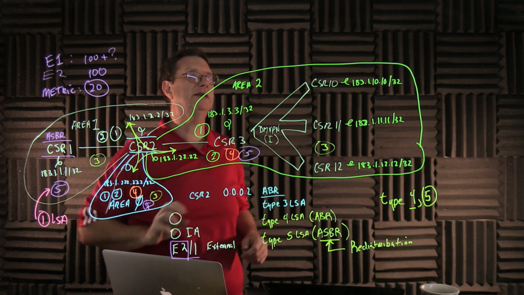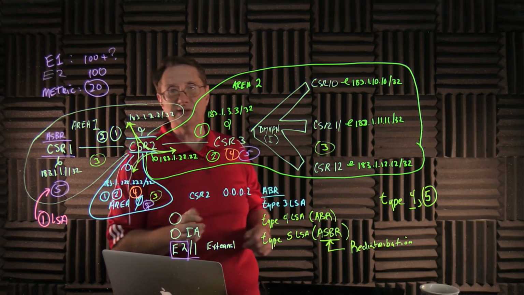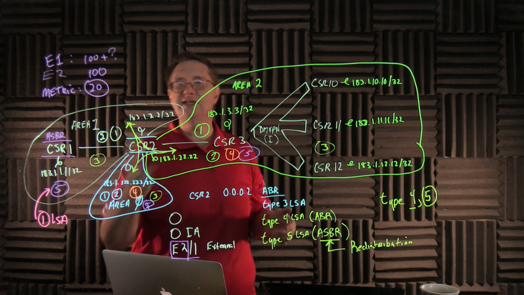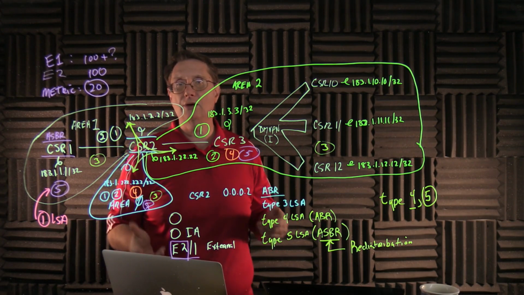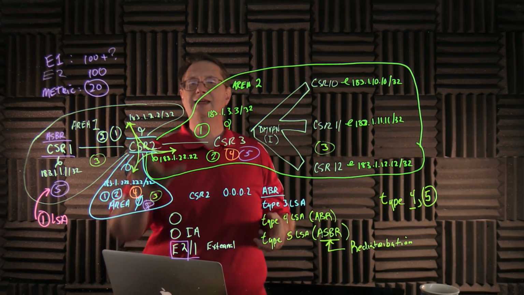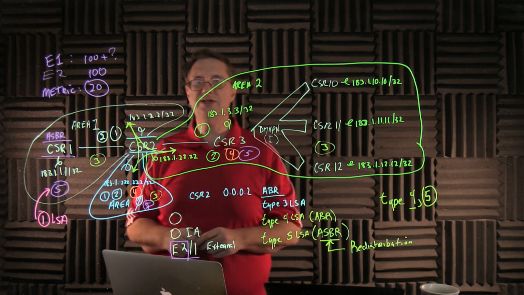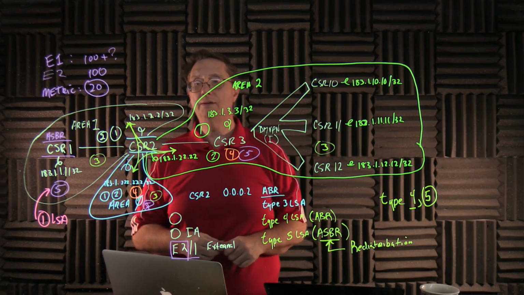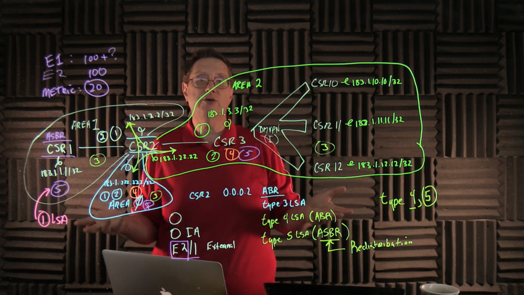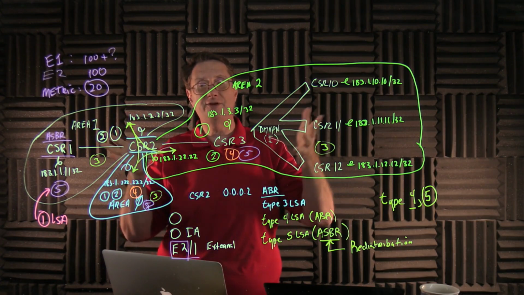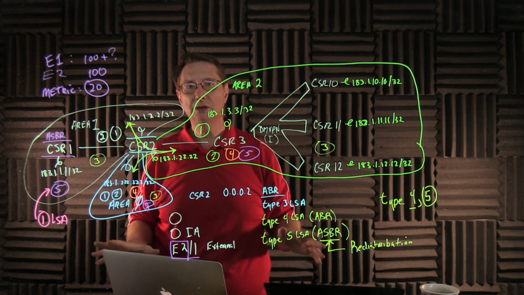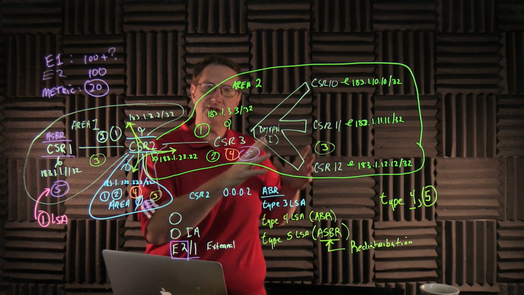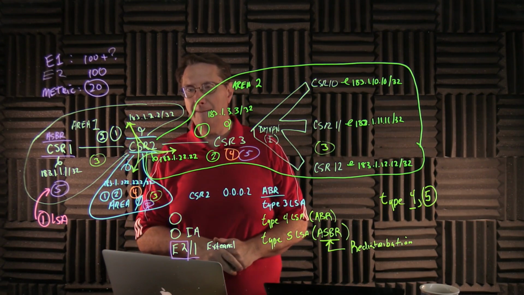It says to get to the ASBR, 0.0.0.1, send it to me, 0.0.0.2, and that provides the reachability information necessary for everyone to be able to hit that ASBR. And that covers type 4s and type 5s. Just keep in mind that by default they travel in all areas unless we utilize some of the special areas that we still need to talk about.